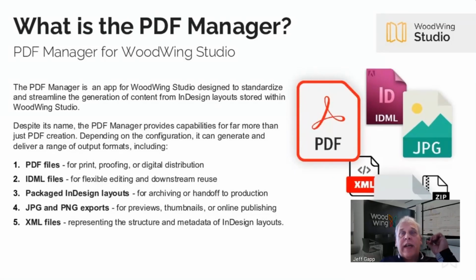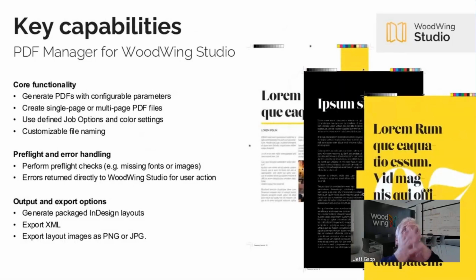So the idea here is that when you're inside of Studio, you can, of course, use a trigger to generate a PDF, and you can do that in multiple ways. So for instance, you might create a single page PDF, so layout, page 1, 2, 3, 4, 5, 6.